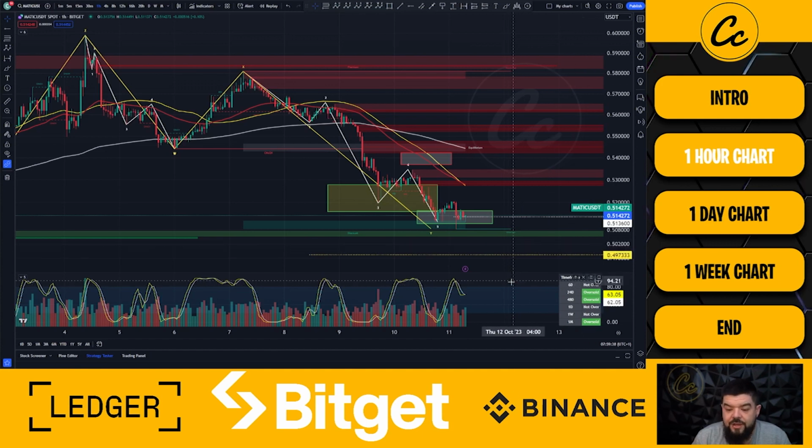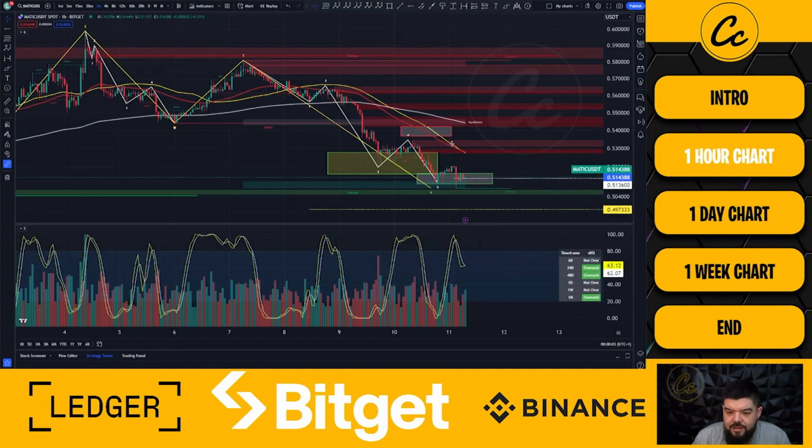We can see in the stochastics that the 1 hour stochastic moved up very quickly yesterday, actually happening overnight whilst we were sleeping here in the UK, with very little price action, and we have now come on down, where we can see the stochastic is in a bit of a confused area just now. We're about to see the current action cross higher than the average line here.